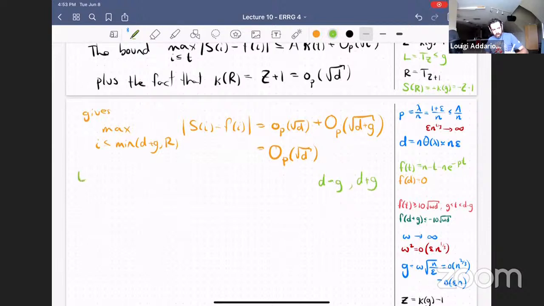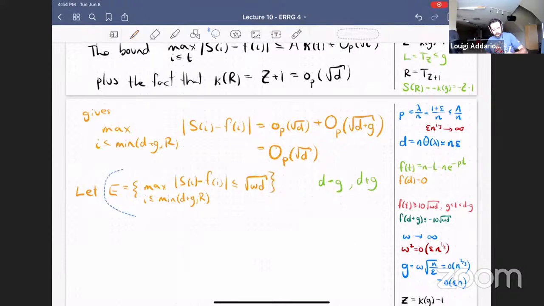Okay, so let me create a good event that will have probability tending to 1, and that on that event we'll see that r is going to lie between d minus g and d plus g. So the event is just that this maximum error up to time minimum of d plus g and r, s_i minus f_i, is at most square root omega d.